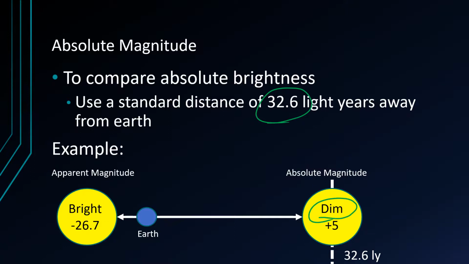And so this tells us that even though the sun's super bright in our sky and it's the brightest apparent magnitude, in reality, our star is a relatively dim star. So we use a standard distance of what would it be like from 32.6 light years away.